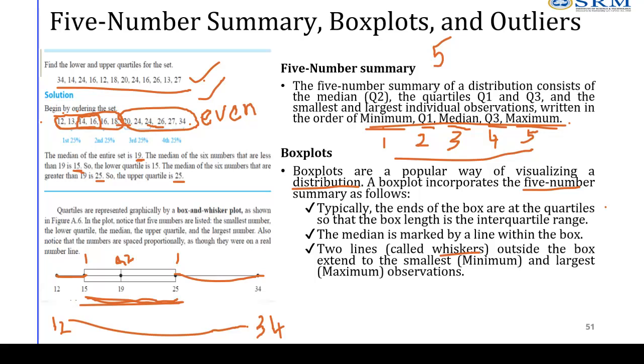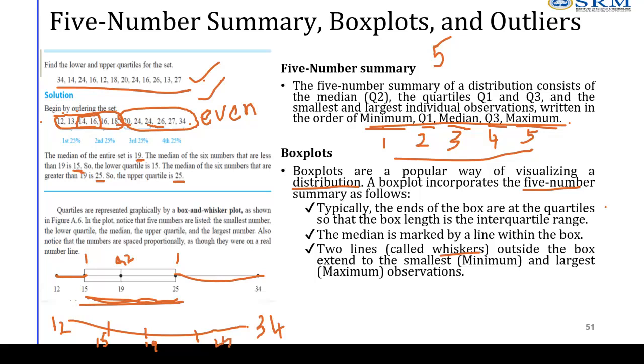Now, what is my lower quartile? My lower quartile is 15, so I'm drawing my 15 here. My median is 19, so I'm drawing my 19 here. My upper quartile Q3 is 25, so I'm drawing my 25 here.